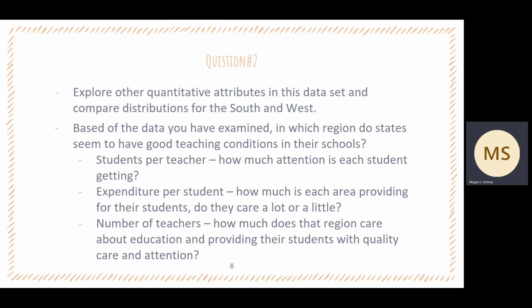You don't want too many students in your class, otherwise you won't be able to help them all. Expenditure per student, so how much is each area providing for their students? Do they care a lot or a little about the quality of their education? And then the last one is number of teachers, so how much does that region care about education and providing their students with quality care and attention?